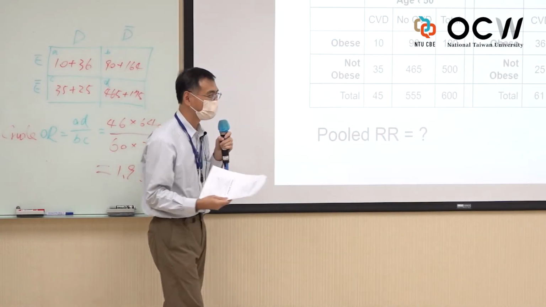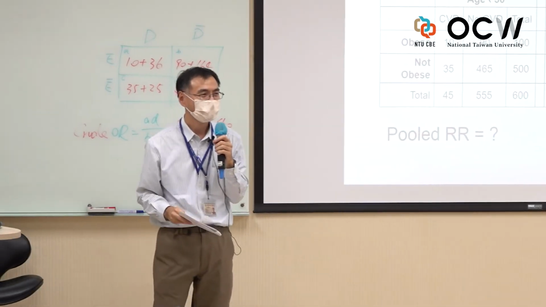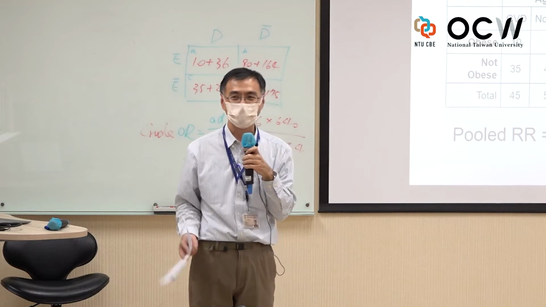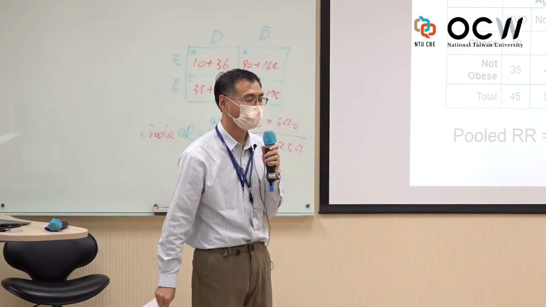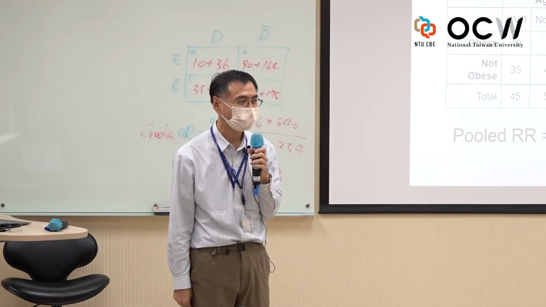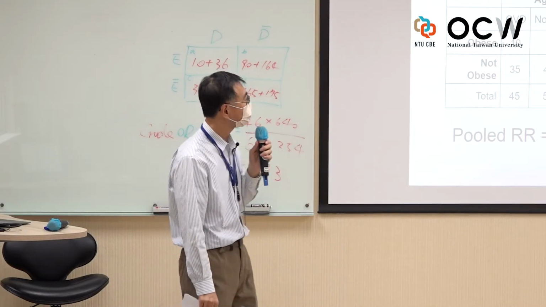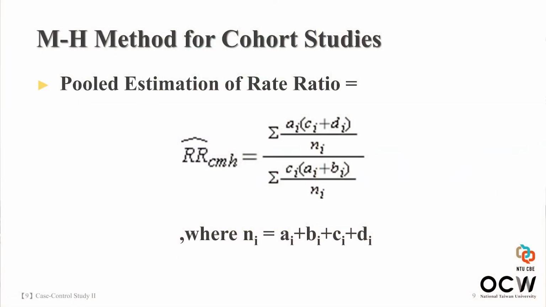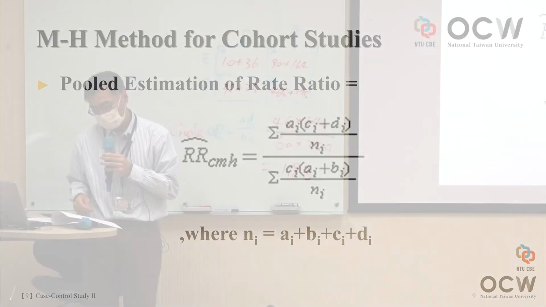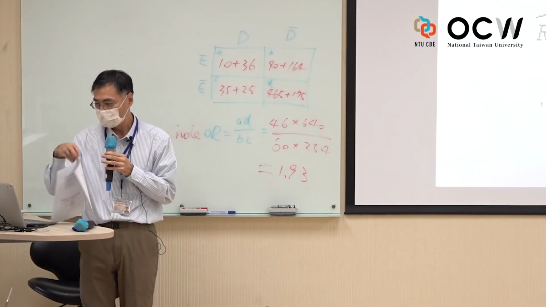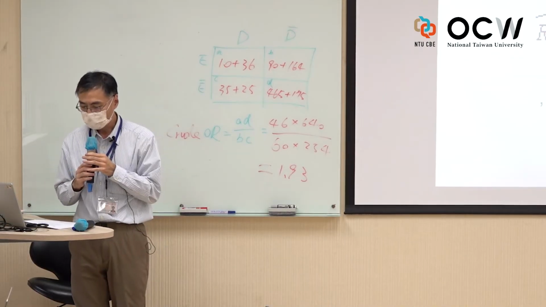So it's a hint that this is a cohort study, right? So you just need to apply a different formula developed by Cochran, Mantel, Haenszel, like what I show here. This is the formula we are going to use. The answer would be 1.44.